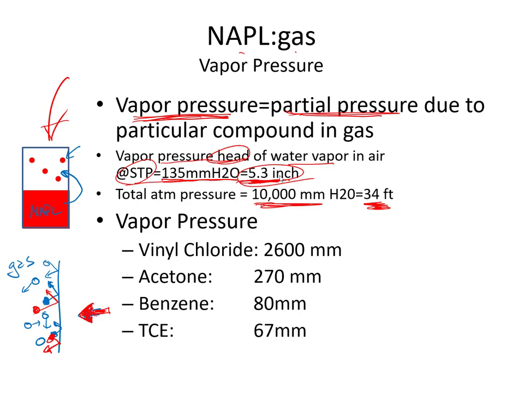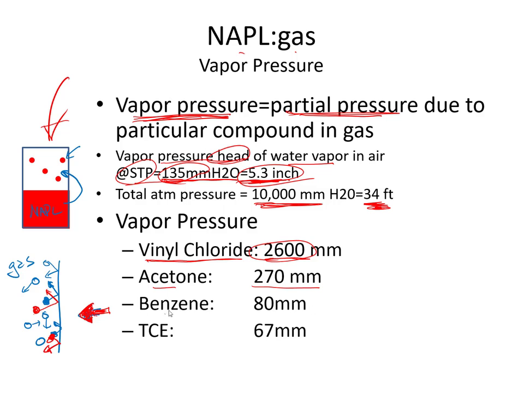And we can look at the vapor pressures for various different organic compounds. This is one, vinyl chloride, and this has a vapor pressure that's a good bit higher than water. Water is 135, this is 2600. Acetone is also greater than water, about double what water is.